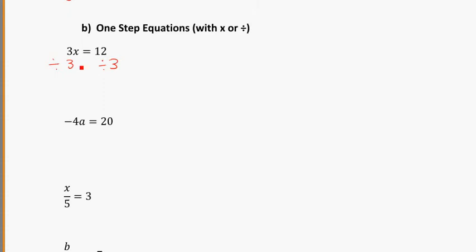I could write that by putting a line and putting 3 underneath, which is more normal. Now 3 over 3 is 1, it cancels to 1. Any number or letter over itself equals 1. So we're left with x equals 12 divided by 3 is 4, and that's our solution.